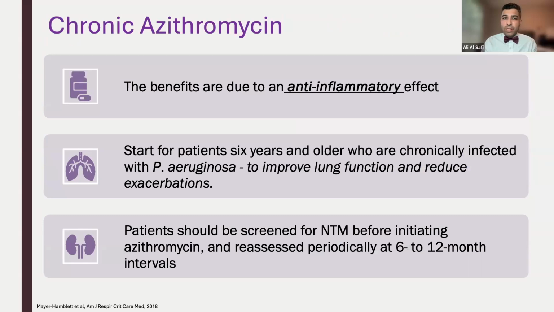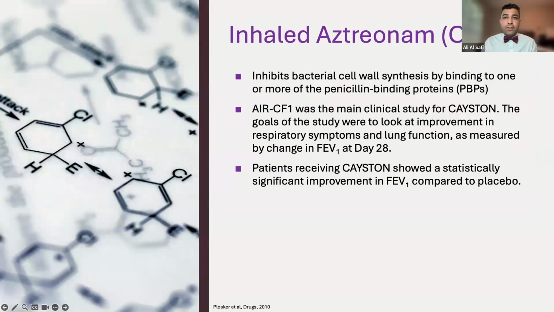Chronic azithromycin, we use it for Pseudomonas, but mainly for the anti-inflammatory effect, not for the antibacterial effect. And as we said, we need to do that screening test for NTM before we start and periodically after. Aztreonam is another option for Pseudomonas. It's an inhaled option, and it has really great results based on the trials.